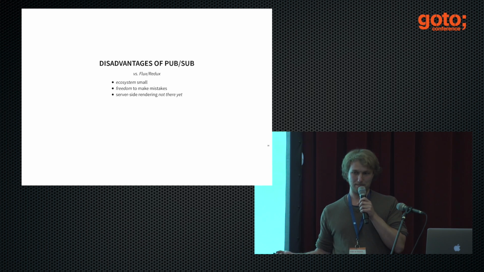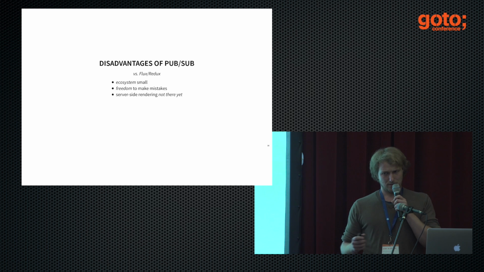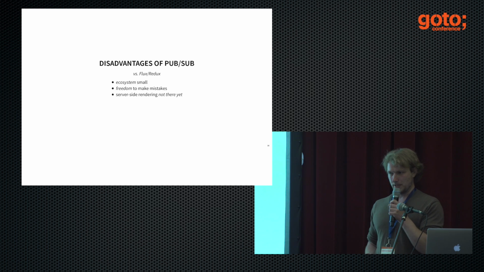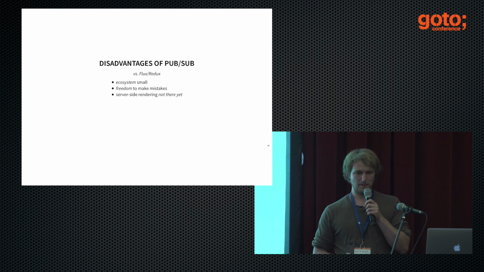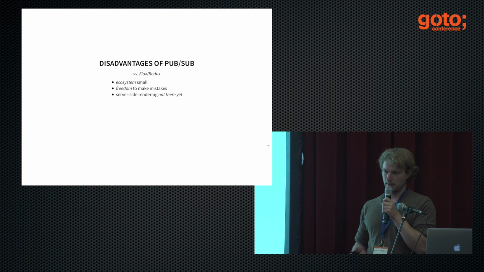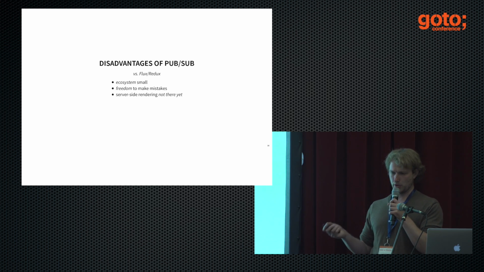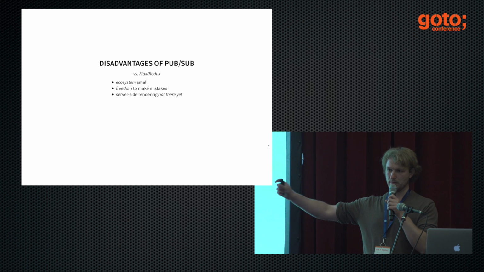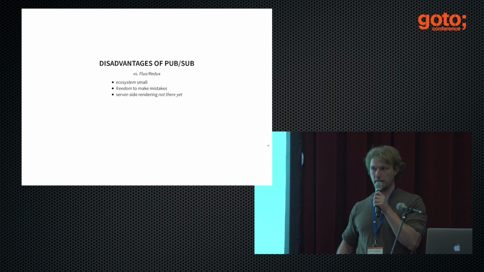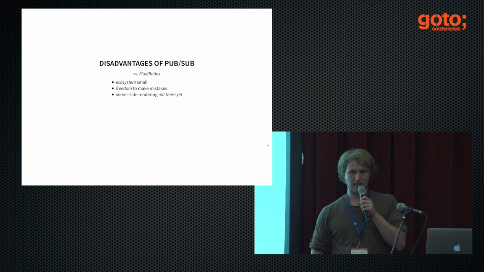But you still have the freedom to make mistakes when you determine which components are in your application and how you wire them together. There's always the possibility of, for example, going too small. Originally, we defined components that were just one button or one table row or something like that, and then it became very messy.